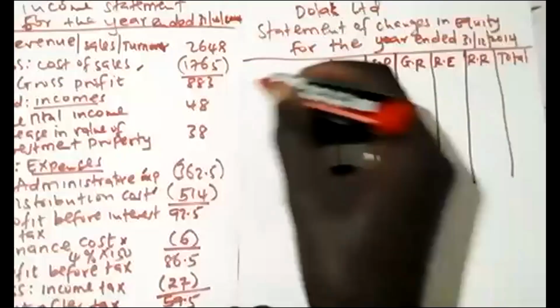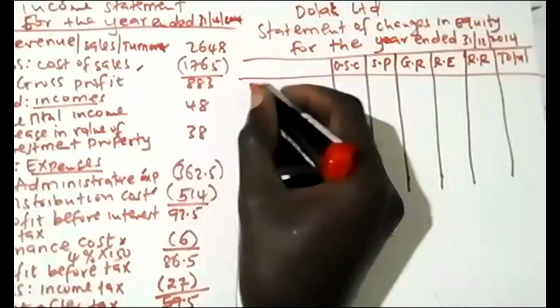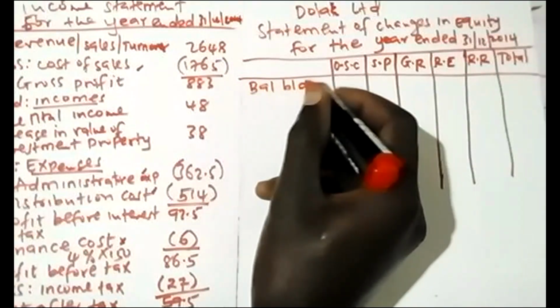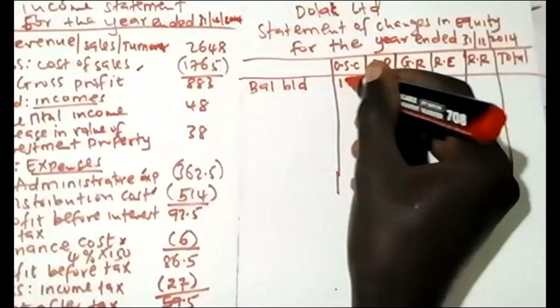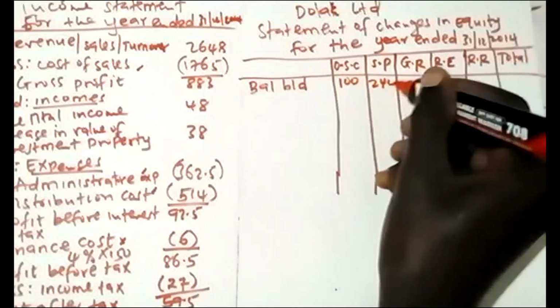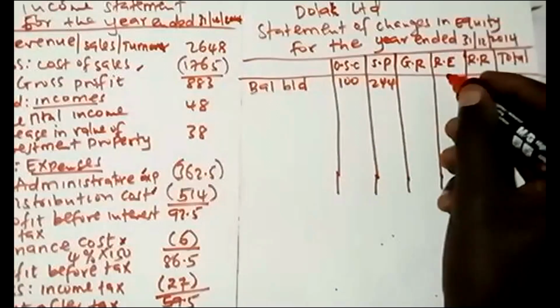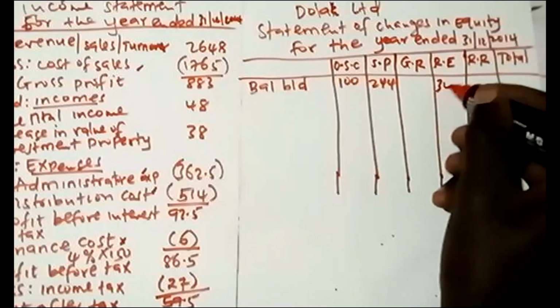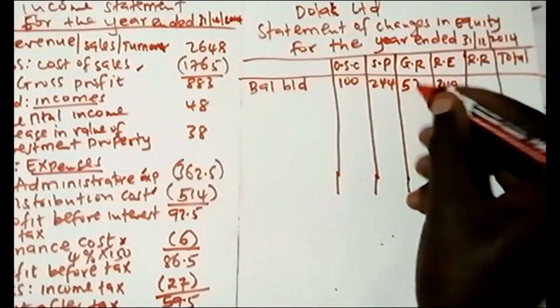Then you write total. Then you copy the balance brought down from the trial balance. The balance brought down is 100. The next one is 244. Then 349, that is retained earnings. General reserve is 570.